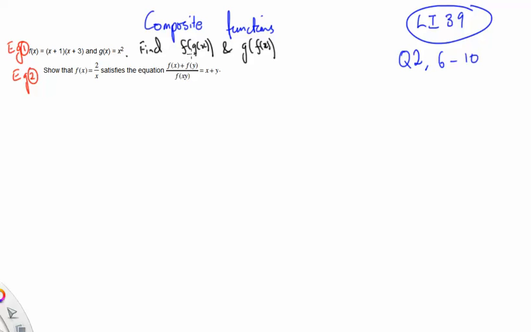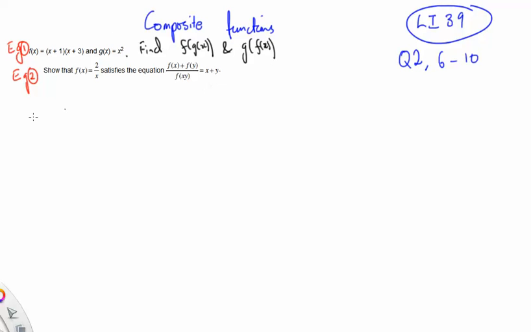It's going to ask you about whether it exists or not, so you're going to have to look at domains to figure that out. But I'll remind you what a composite function is by evaluating these.